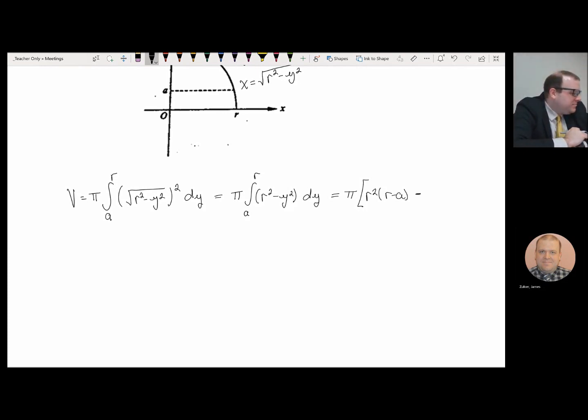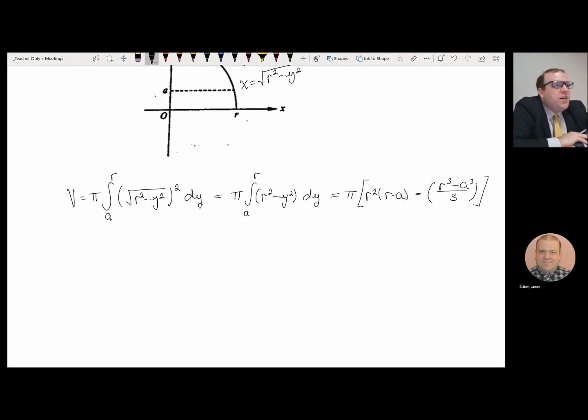Minus r cubed minus a cubed all over 3, right?